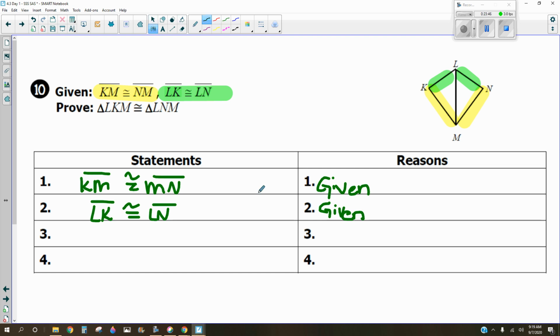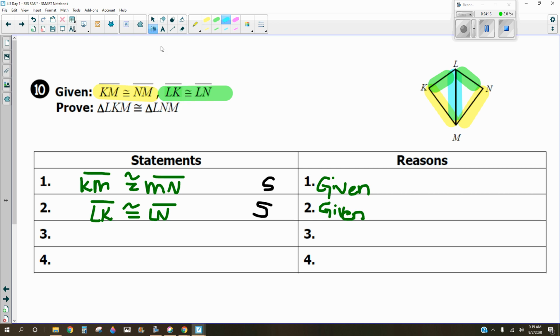We should probably mark that this was a side and this was a side. Now we're looking for one more object. Do we know anything about any angles or do we know anything about any sides? Don't have any measurements. I have no markings. They don't tell me anything about angles. So even though they look the same, I can't guess that they are. So maybe I'll just stick with this thing down the middle.